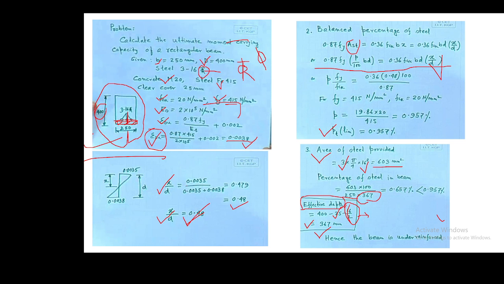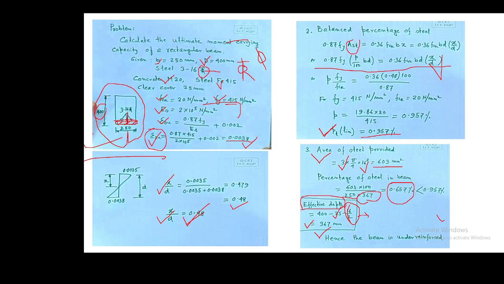Then our percentage is coming 0.657 percent, and for the balanced section it is coming at 0.957. So what we have provided is less than the balanced one. So what type of section will this be?